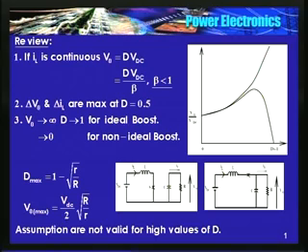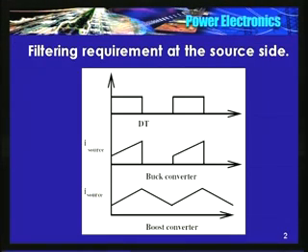Here current increases and in this case current decreases. So the source current waveform, if I plot, is the same as the inductor current, it looks something like this. It's a smooth change.